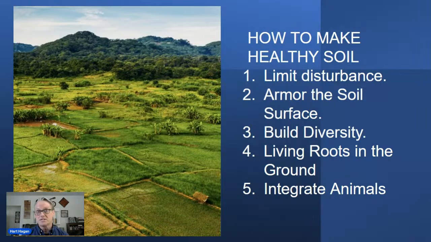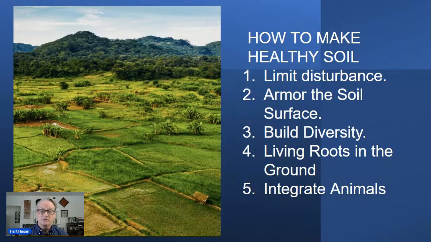I want a diversity of plant roots above the ground so that I can have the optimal diversity of soil organisms under the ground. And those soil organisms include worms, snails, slugs, microarthropods, and macroarthropods, which is your beetles and pill bugs and centipedes and millipedes, etc. So that's principle number three, build diversity.